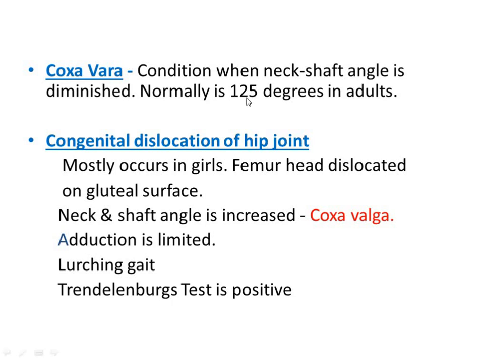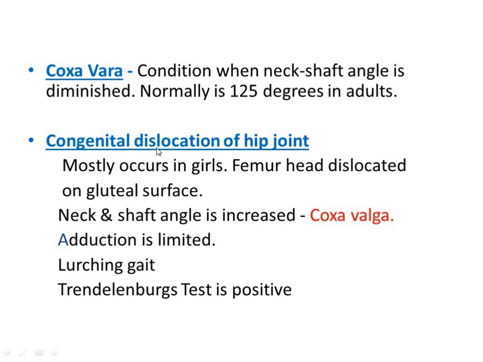It occurs when the neck-shaft angle is diminished, which is normally 125 degrees, and if it reduces to less than 125 degrees in adults, this condition is called coxa vara, and is more so seen in fractured neck of femur.